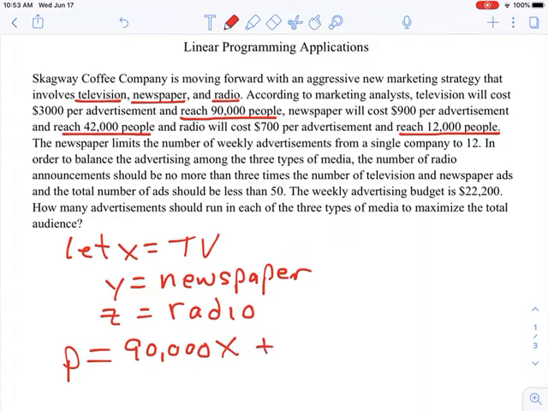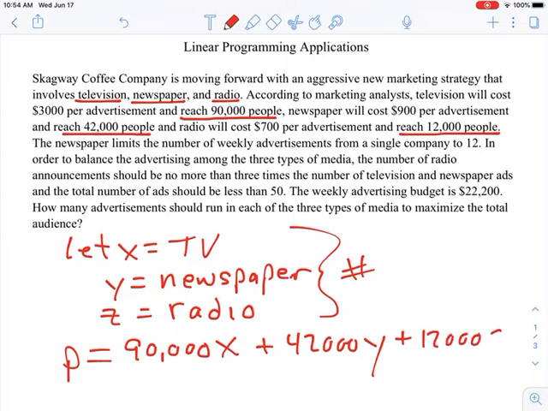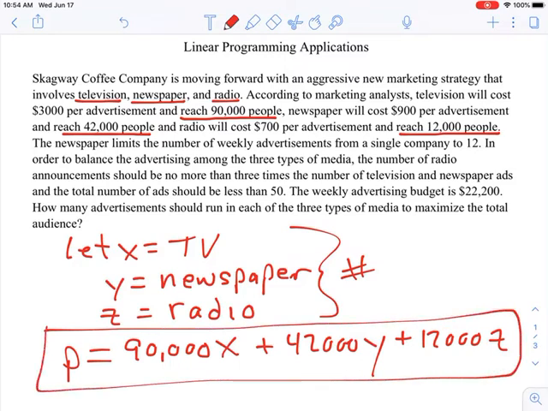And then we are going to have 42,000 people for each ad, so that would be times Y. Remember, these are the numbers: the number of TV ads, the number of newspaper ads, the number of radio ads. And then finally, each radio ad will reach 12,000 people, so 12,000 times Z. So there is my objective function. That's what I want to maximize.